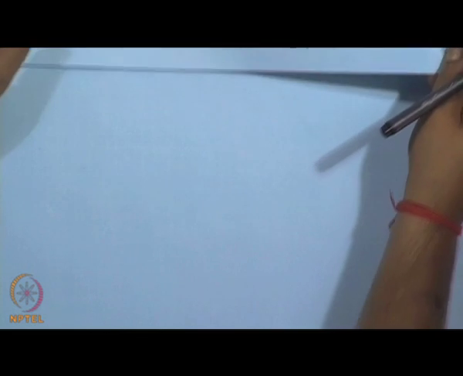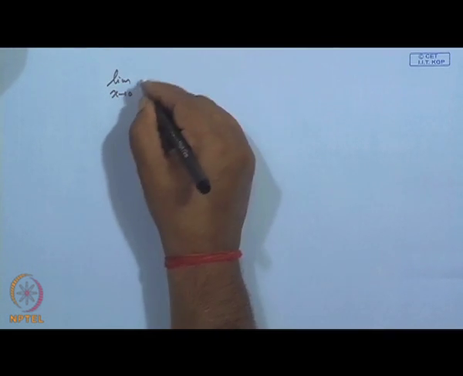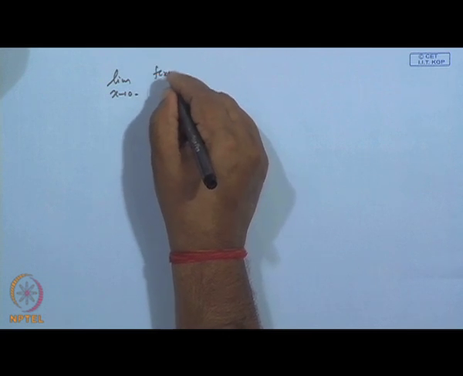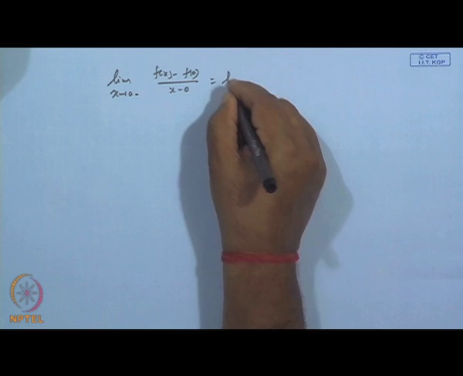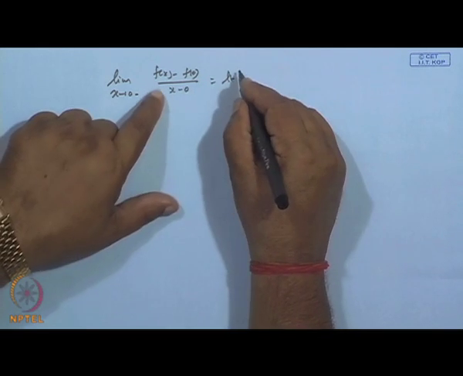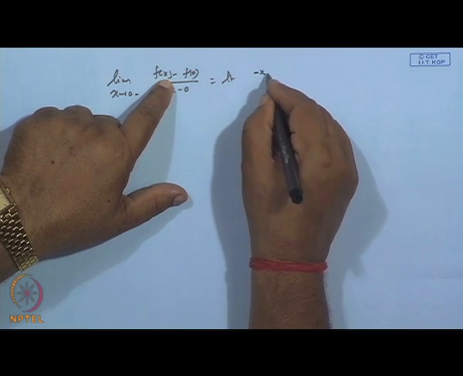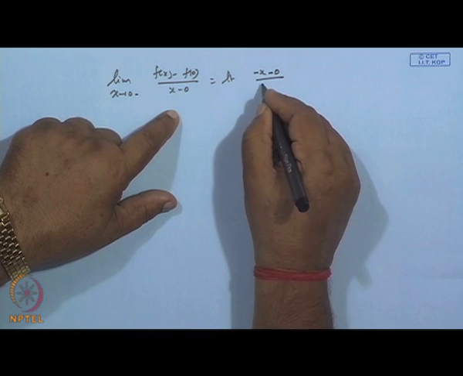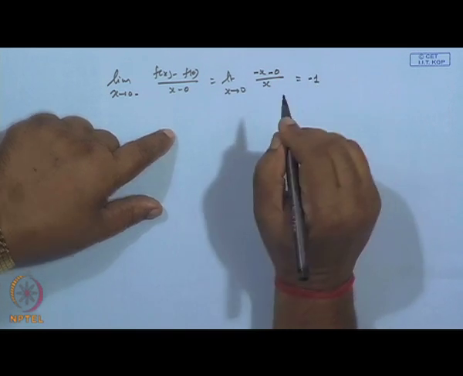When x tends to 0 minus, (f(x) - f(0)) / (x - 0), where f(x) equals |x|, which is -x when x is negative. So it is (-x - 0) divided by x as x tends to 0, and that comes out to be -1.